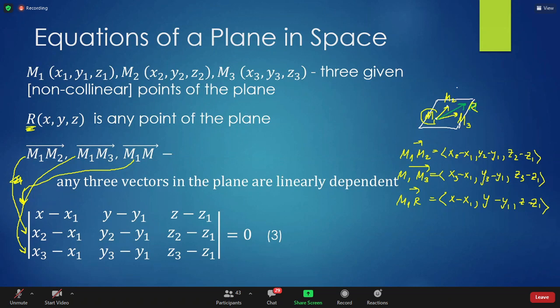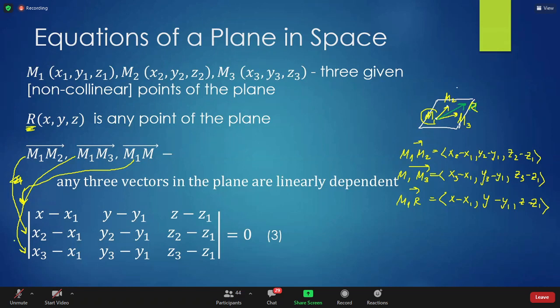Some of them are known and some of them are not known, but we have a lot of writing ahead. We need to remember that x, y, z are variables, but x1, x2, x3, y1, y2, y3, z1, z2, z3 are numbers.